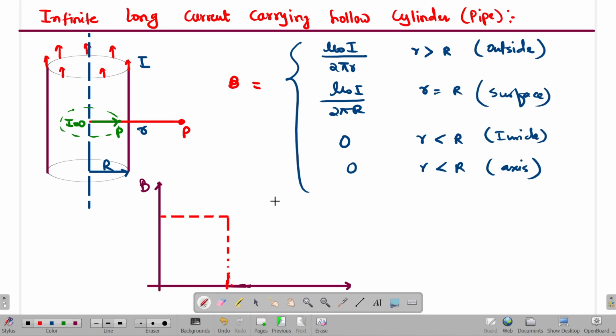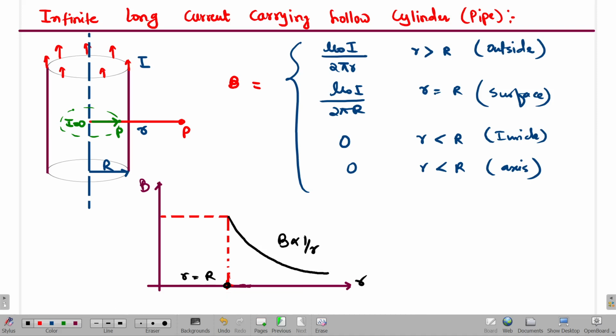After that, the magnetic field suddenly becomes maximum and then starts to decrease. B is inversely proportional to 1 by r, and this point is r equal to capital R. The maximum value is mu naught I by 2 pi capital R. From here it starts to decrease. Is that clear? Can I move ahead?